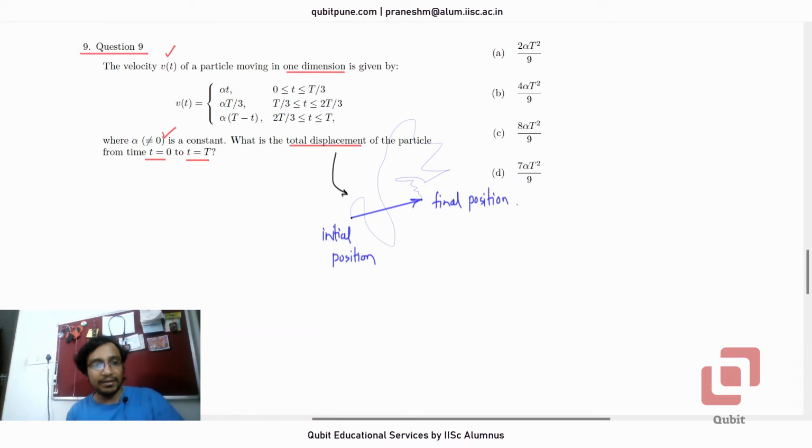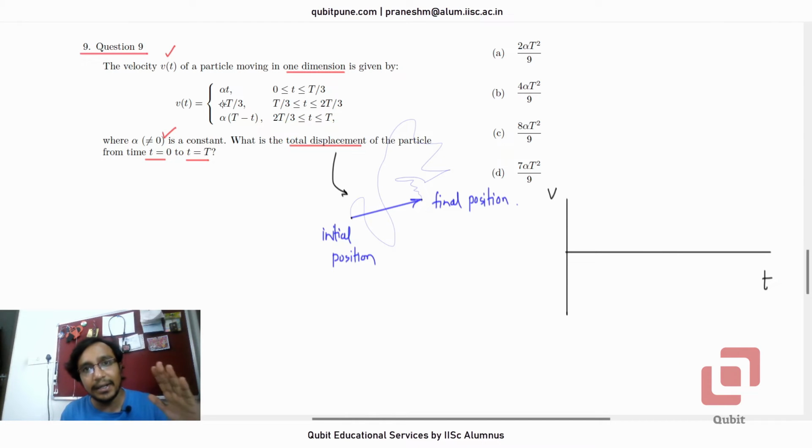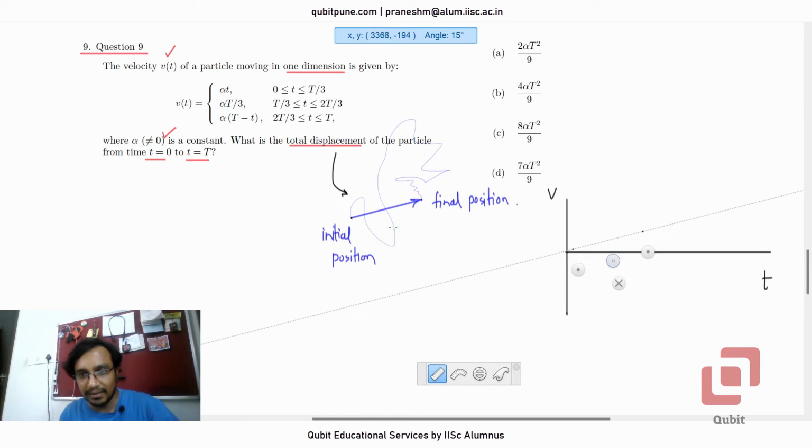If we consider the VT diagram for this, let me draw it here. Velocity v and time t, it's a 1D motion, right? So negative will mean the opposite direction. Now when t is equal to 0, velocity is equal to 0, correct? And then it increases linearly, say something like this.